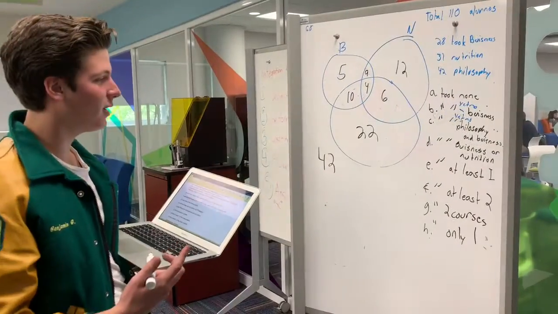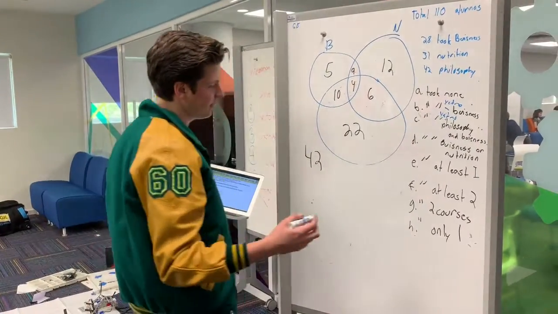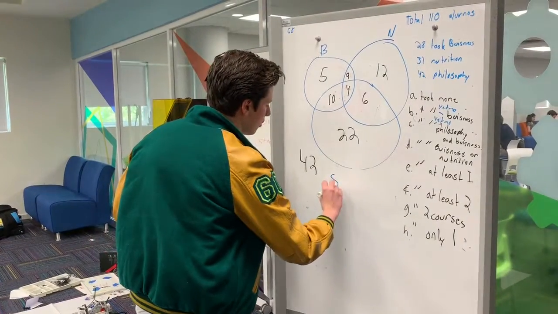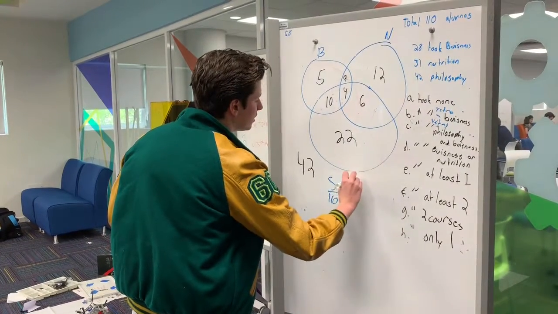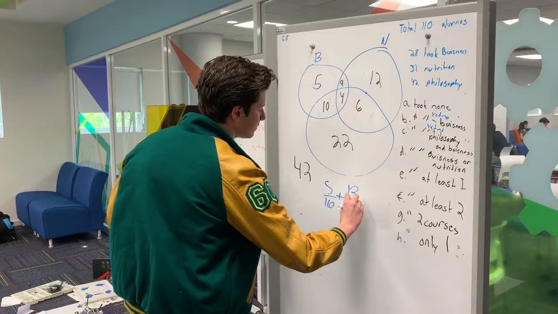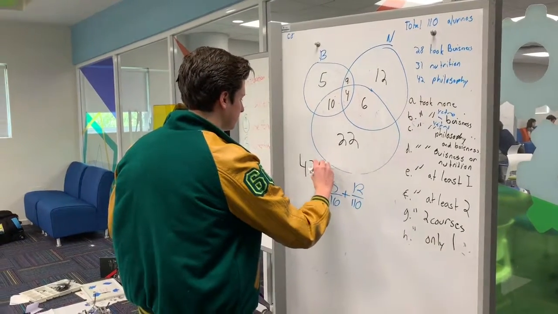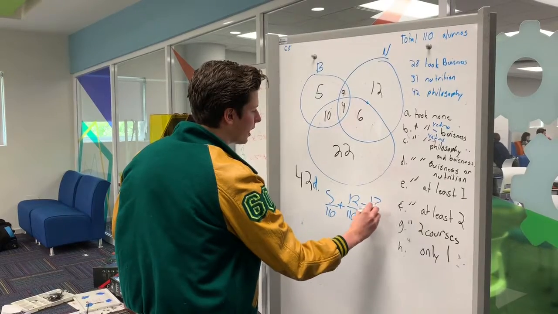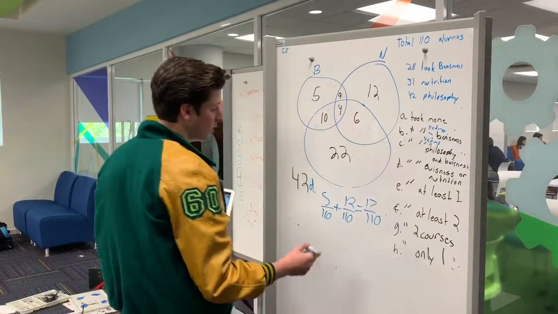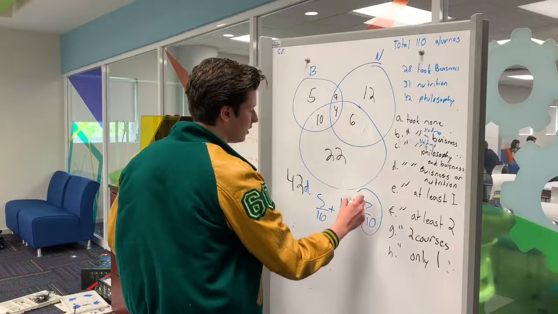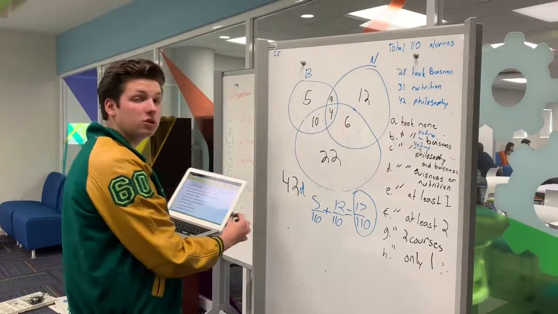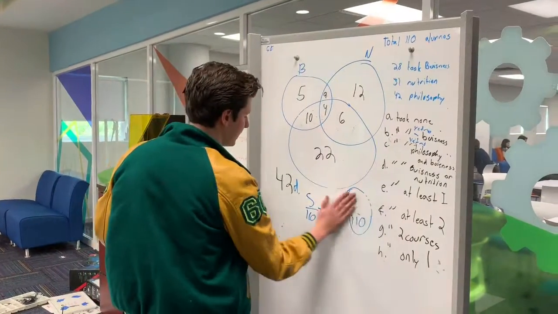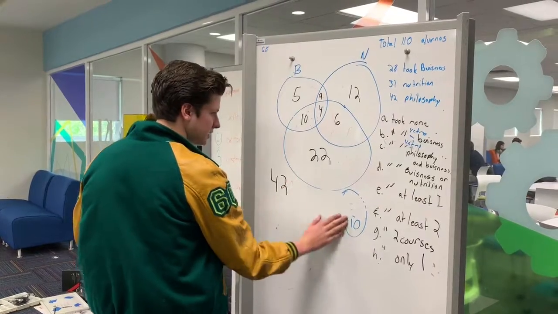So now we're gonna make the fraction, which is 5 over 110 plus 12 over 110. They have the same denominator, so they have 17 over 110, which is our final answer for letter D. But now we're gonna continue with letter E, which is at least 1.